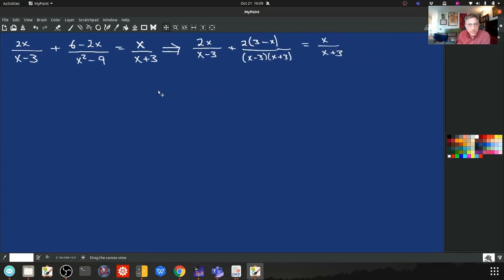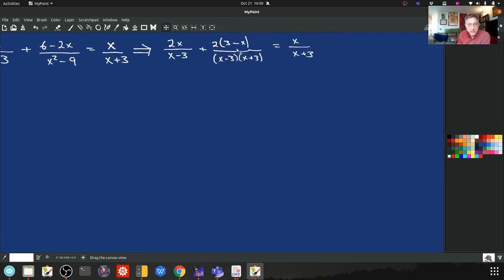Let's give me some more room over here. There's still some simplification that can be done. I want you to look and see if you can see what it is. It involves this term right here. Notice that 3 minus x and x minus 3 are really, really similar. If I could somehow change 3 minus x to be x minus 3 times some factor, I could cancel that factor out.